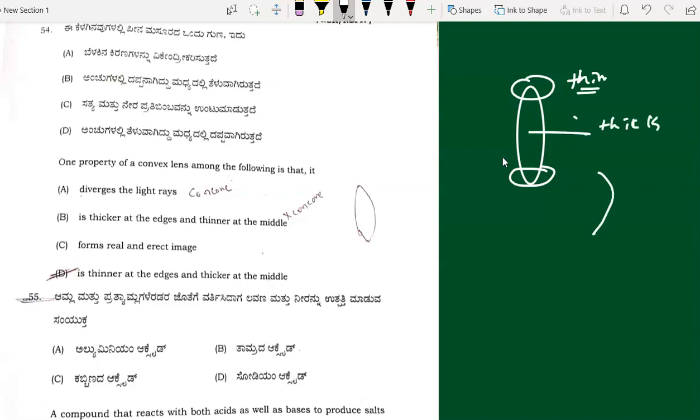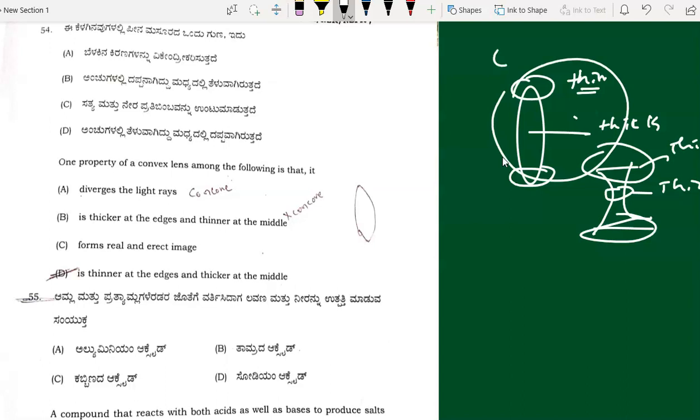Concave is like this. See here, we have wider ends and a very thin middle, and here it is thick. So this is my convex, thinner at the edge and thicker at the middle.